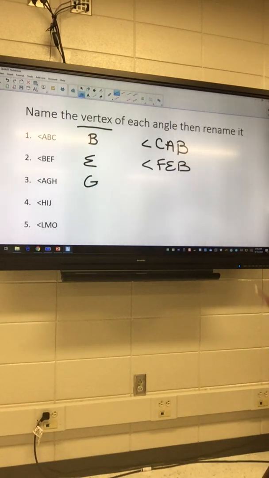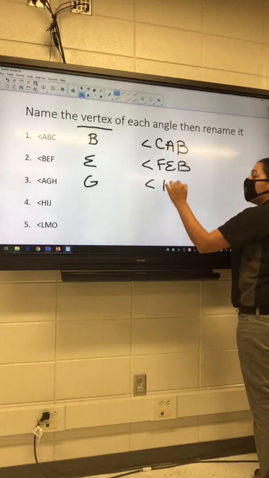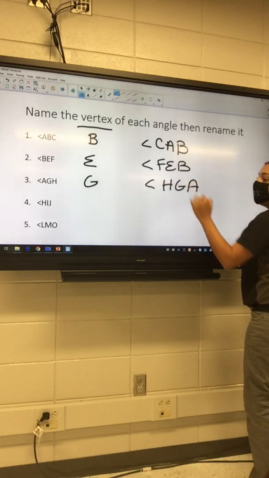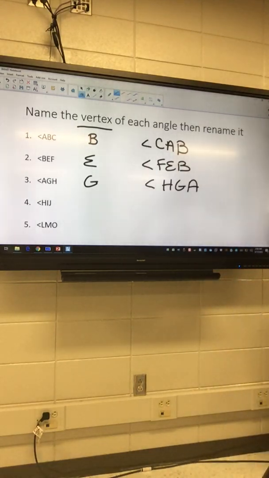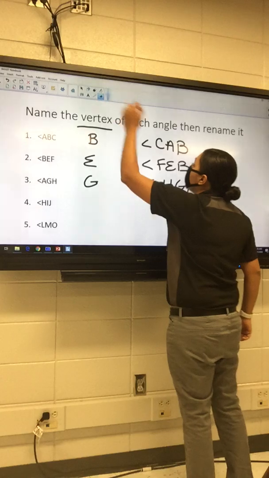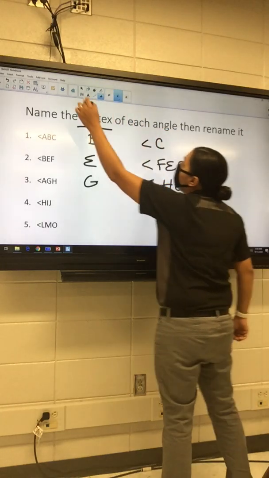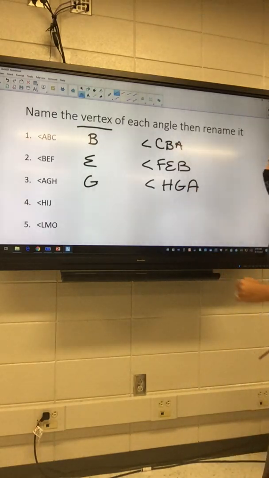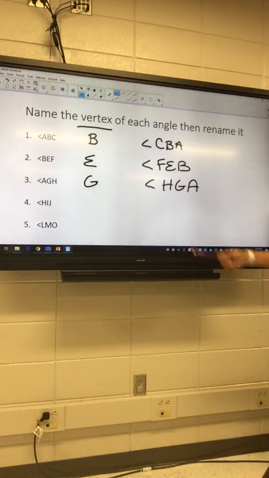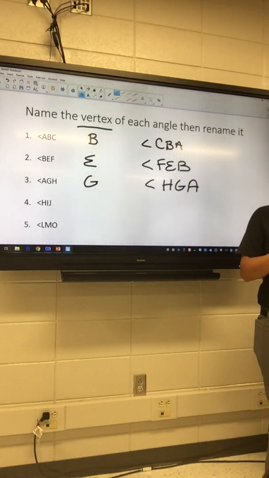Hannah, what about number 3? How can I rename it? HGA. Perfect. Bree, on the first one you put CAB, B is supposed to be in the middle. Oh, you're right. Good catch. It's B. Bree, what's the vertex on angle 4?